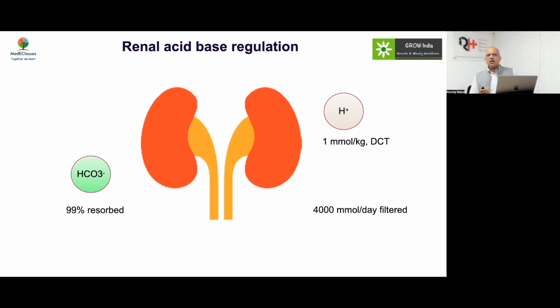Now, which of these will be more difficult to treat? Not in severity, but in terms of when you're replacing, what will be the most difficult to achieve a good bicarbonate level? You will need much more amount of bicarbonate.